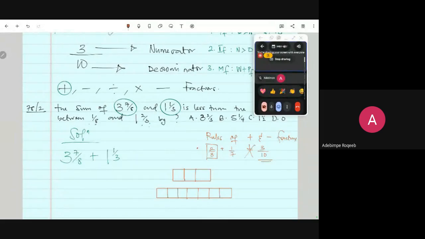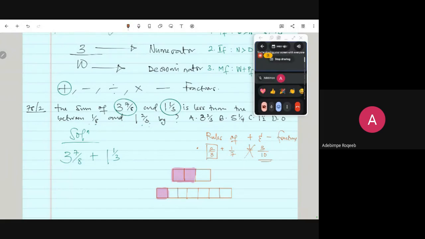I have 2/3, this shaded part here. I want to add it to 1/7. I want to add these two together.